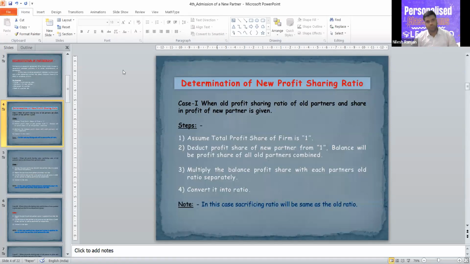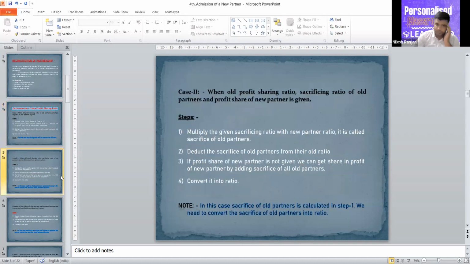So case 2. This is our case 2, when the old profit sharing ratio, the sacrificing ratio of old partners and the profit share of the new partner are given. So in this case, there is one additional piece of information. The old profit sharing ratio existed in the previous case also, and the profit share of the new partner also existed in the previous case.